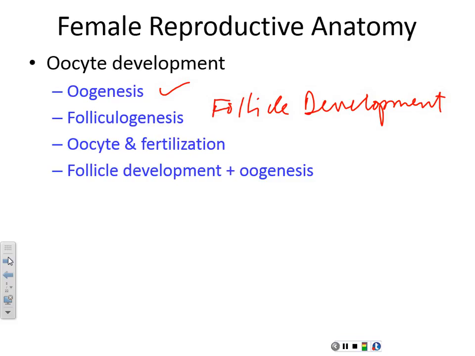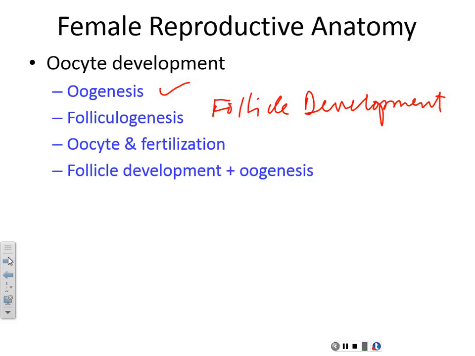Okay? Then those cuboidal granulosa cells start to grow layers and layers and layers, and they also start to have fluid-filled vesicles scattered throughout those granulosa cells. Then you also get another layer on the outside called the theca, with a theca externa and theca interna, that develops, and it is now a secondary follicle. You know what I'm saying? Secondary follicle, because in the exam I might ask about follicle development, not oogenesis.